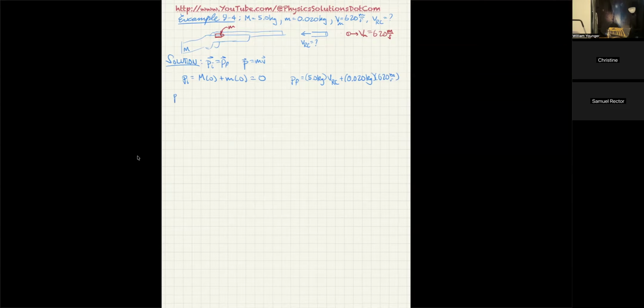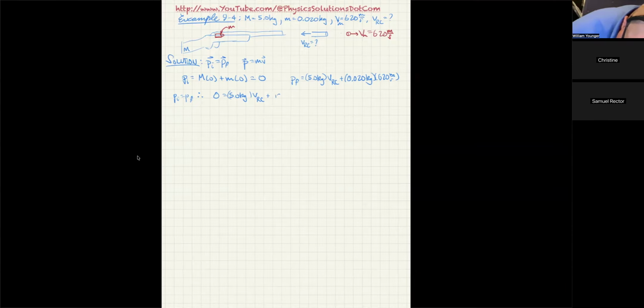So we can set P initial equal to P final, and then we'll have 0 is equal to 5.0 kilograms times V recoil, plus, now if I multiply 0.02 by 620, basically I can take the 620 and divide it by 100, which would be 6.2, and then multiply that by 2, which is 12.4.